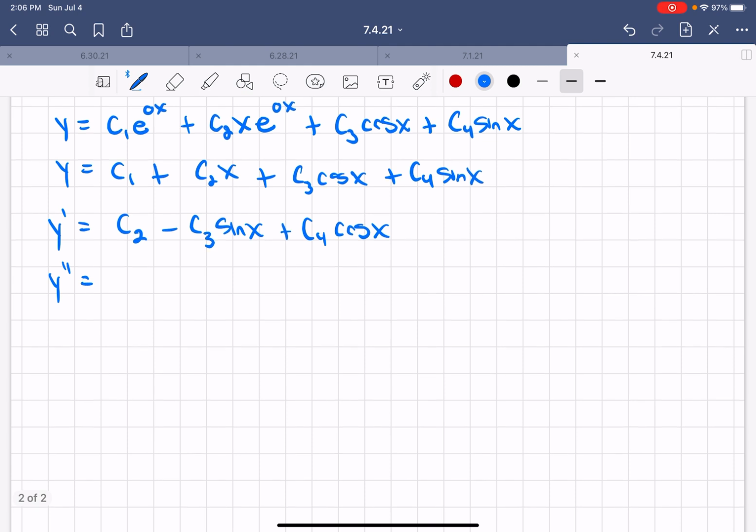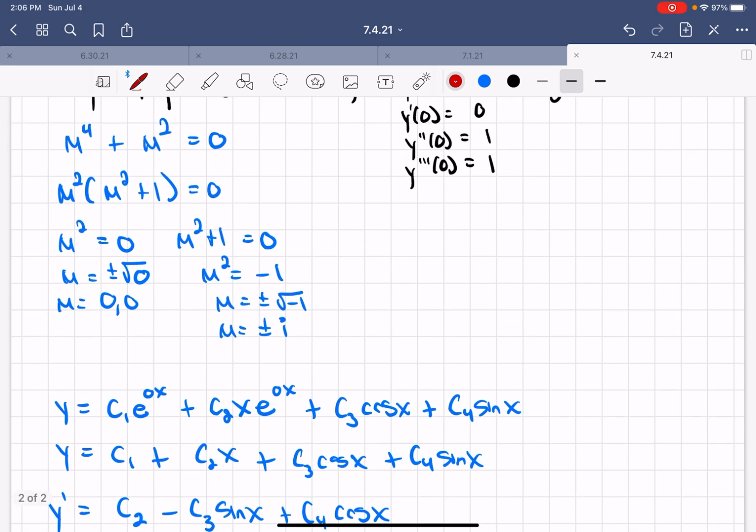C2 is a constant, so its derivative is 0. Taking the derivative of sine is cosine, so it'd be negative c3 cosine x minus c4 sine x, because the derivative of cosine is negative sine. Triple prime. Derivative of cosine is negative sine, so we're going to have c3 sine x minus c4 cosine x.